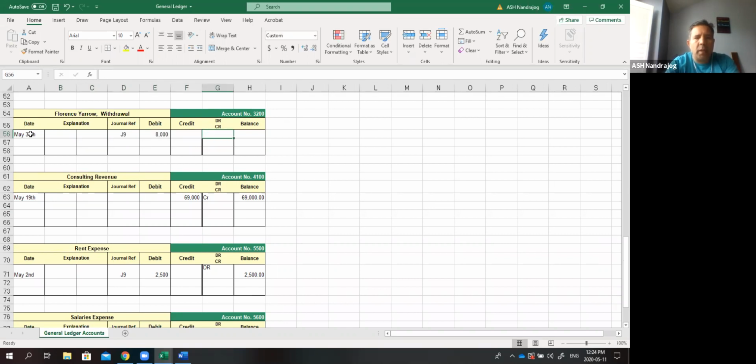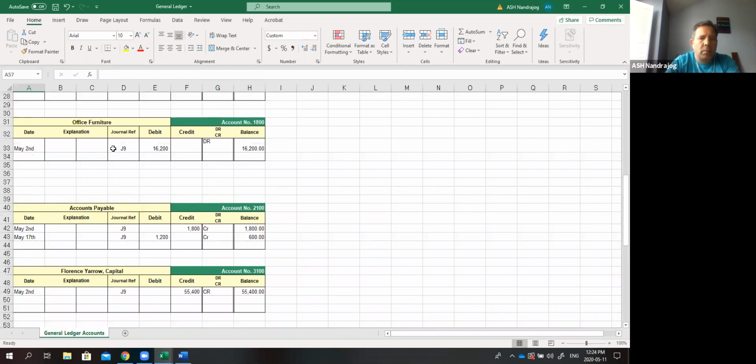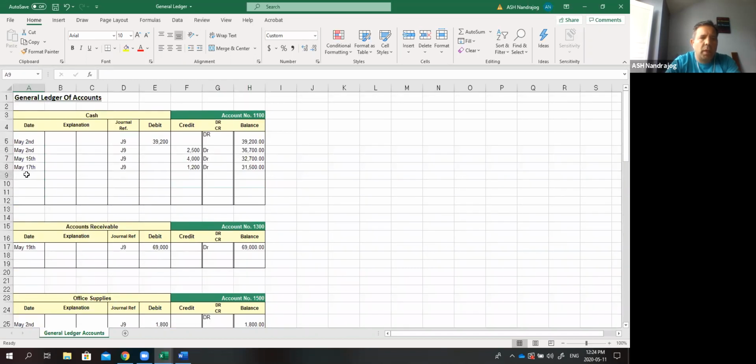So now there will be a debit balance for 8,000, and that has been taken from the cash. So the cash account will be credited for the amount of 8,000.